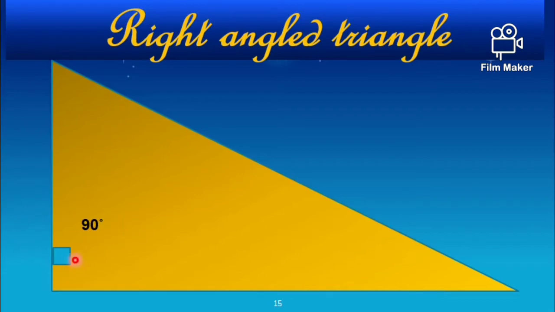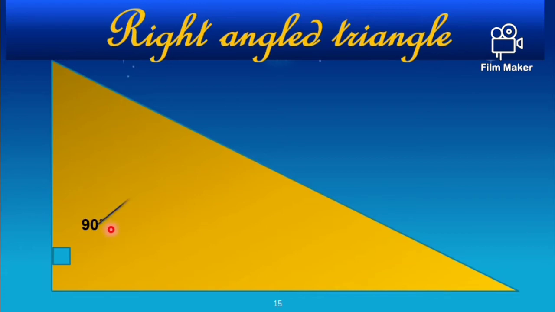In this figure you can see this triangle has one angle of 90 degrees, and the angle of 90 degrees is called a right angle. So the triangle which has one angle of 90 degrees or a right angle is called a right angle triangle.